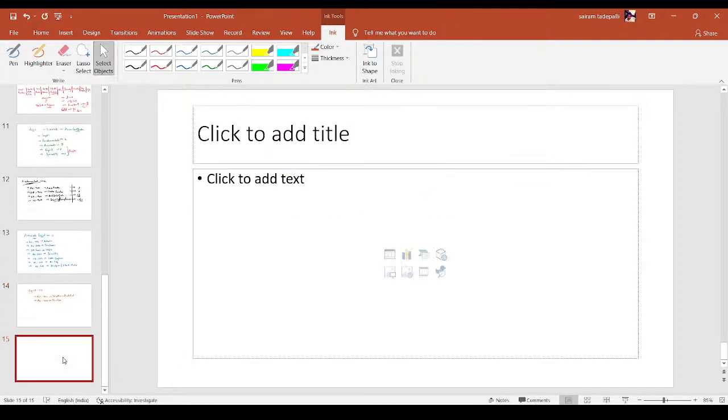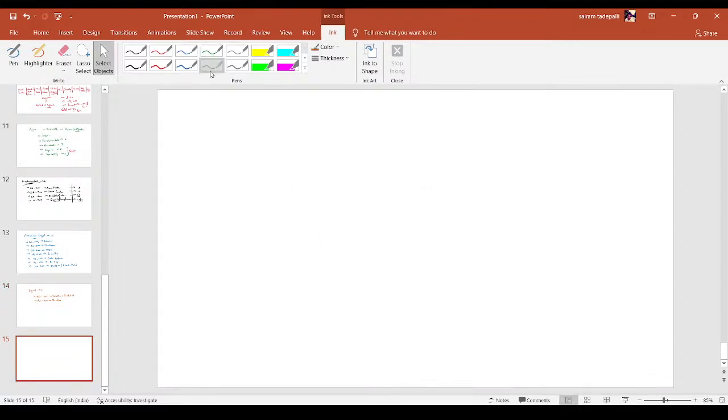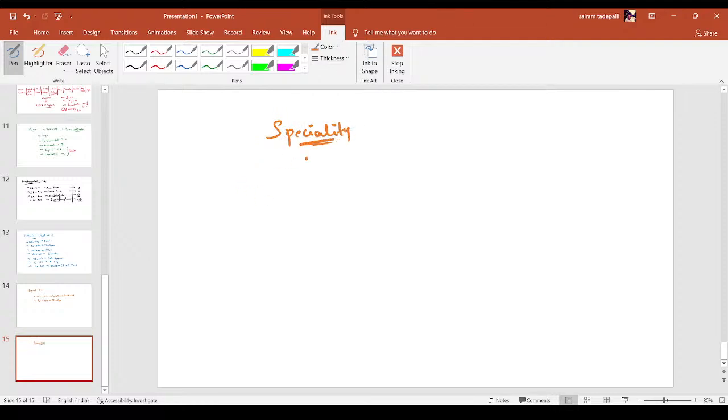And finally, the thing here is specialty level. This one is the last one, that is a specialty level. So you can choose any color. So I'm choosing this one, specialty. In this specialty level also we are having only two different certification programs.